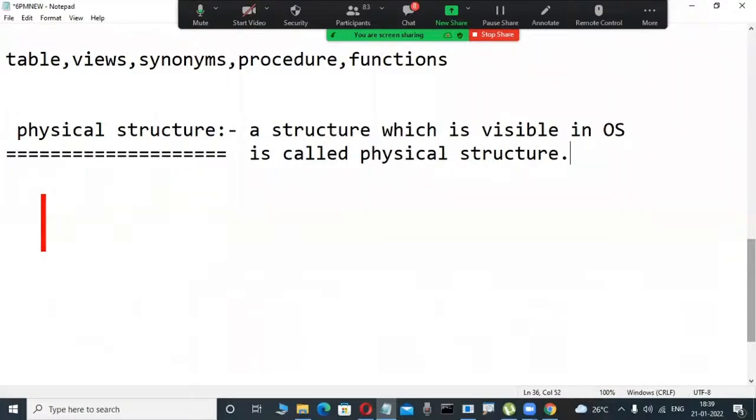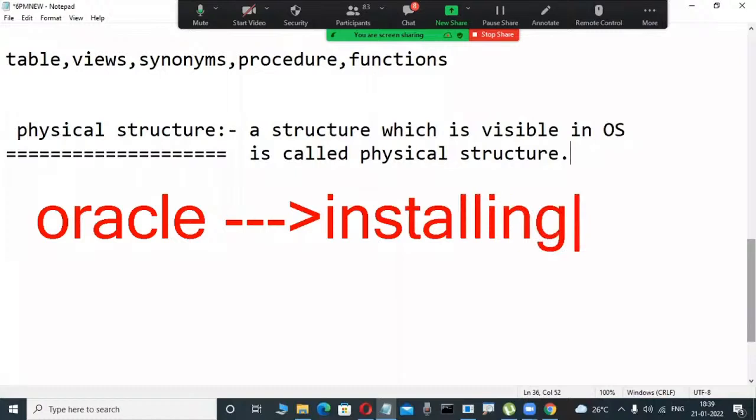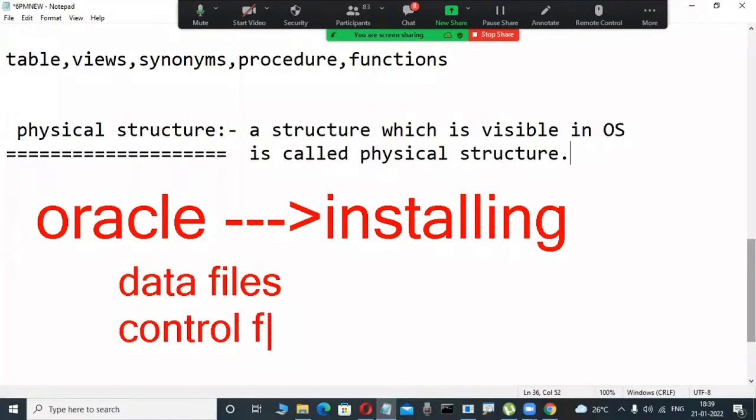Same like that, Oracle is a relational database software. MySQL, SQL Server, we are installing, for example. Whenever I'm installing Oracle, automatically some physical files are created, called data files, .dbf files, control files, and also redo log files are created.